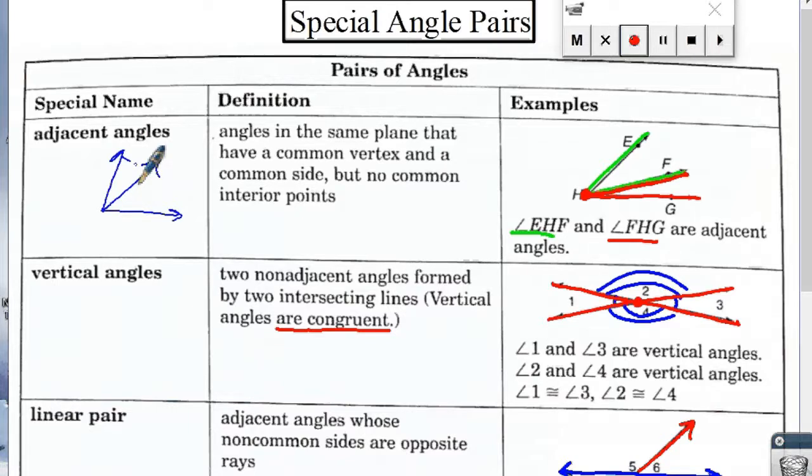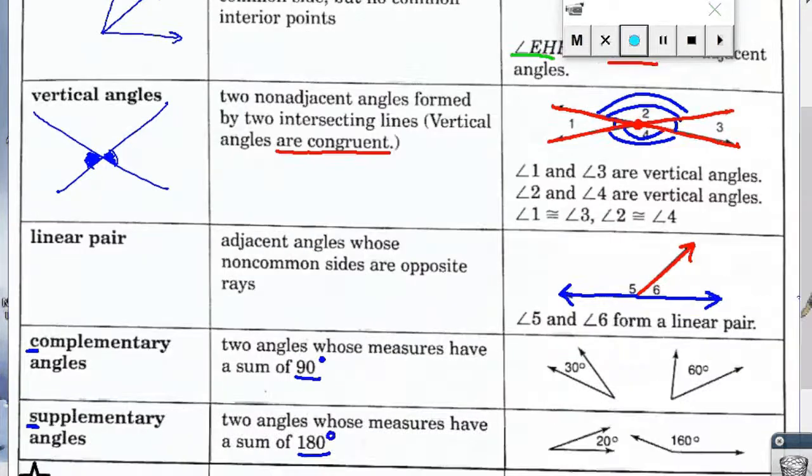Vertical angles are formed by two intersecting lines, and they have nothing but the vertex in common. A linear pair are two adjacent angles whose non-common sides are opposite rays. So adjacent means they share that common side, but their non-common sides are opposite rays.